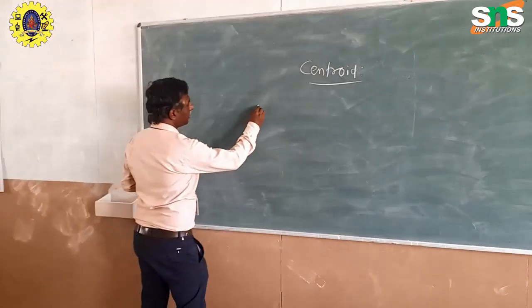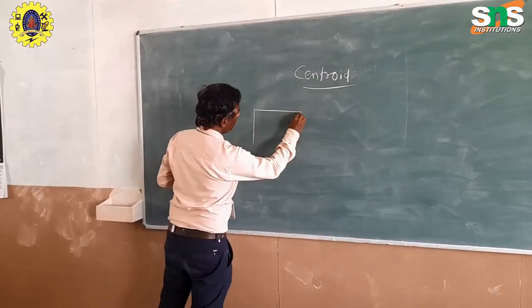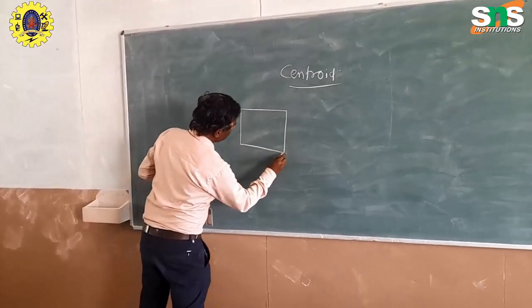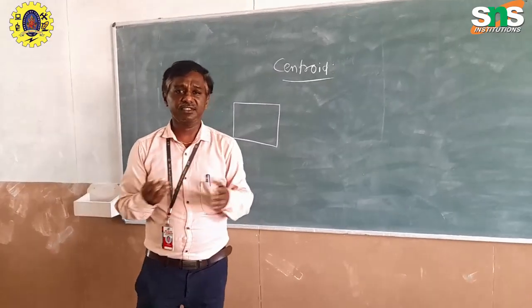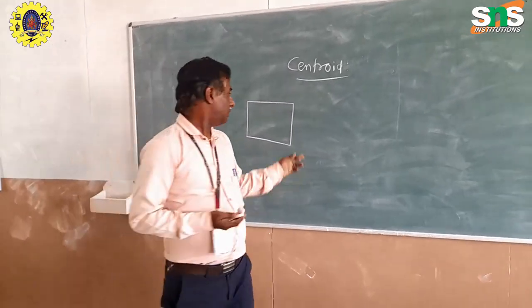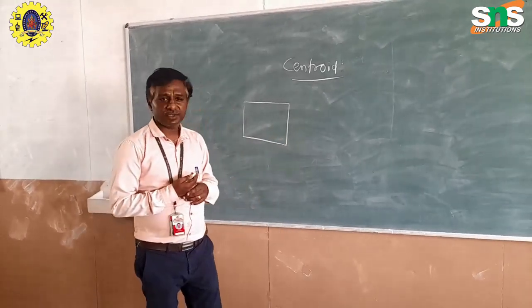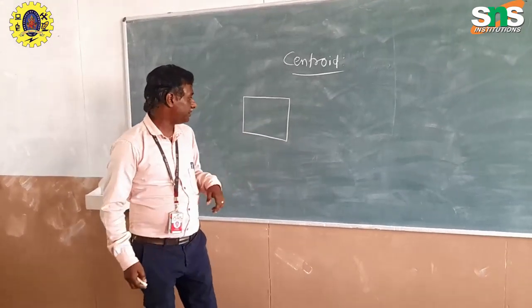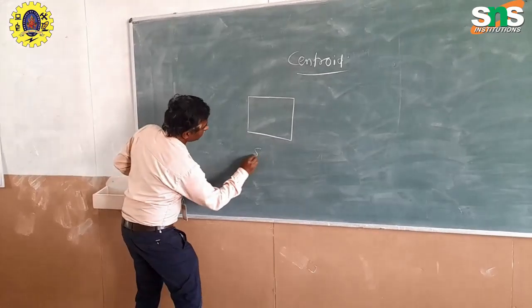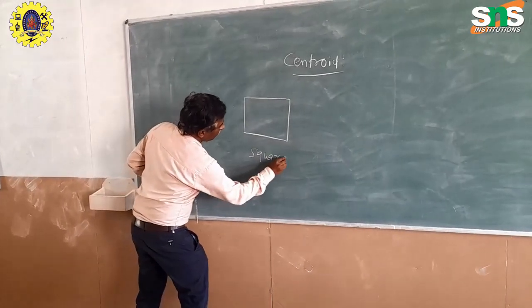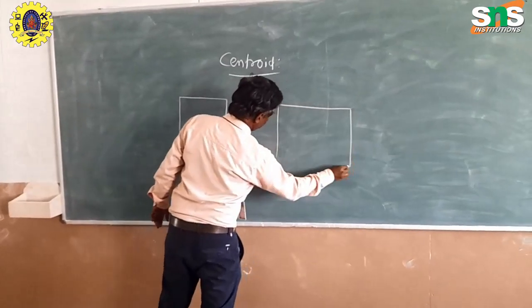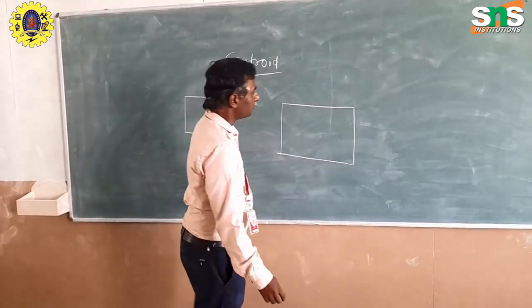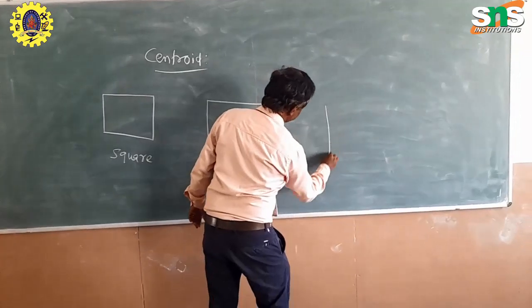And how can we get the point for centroid for different dimensions? Let's say the shape, let's take a square, and let's have a rectangle and one right angle triangle.